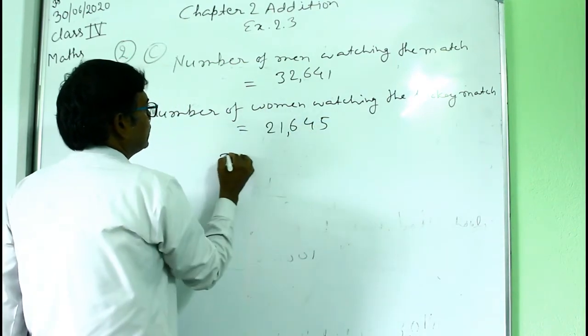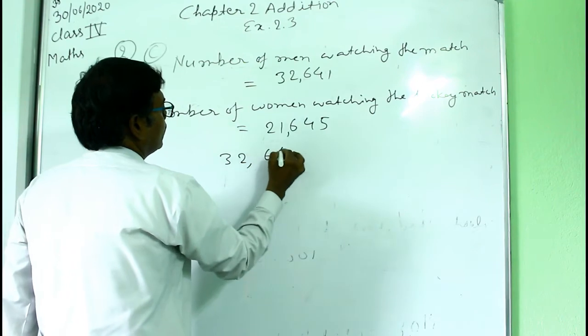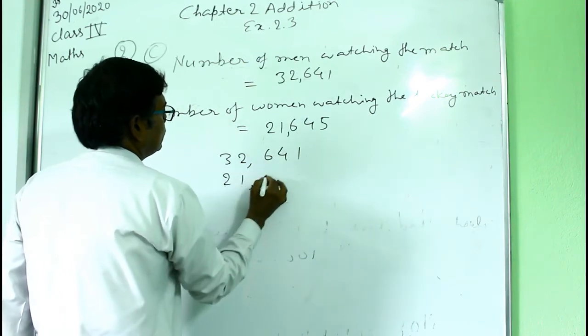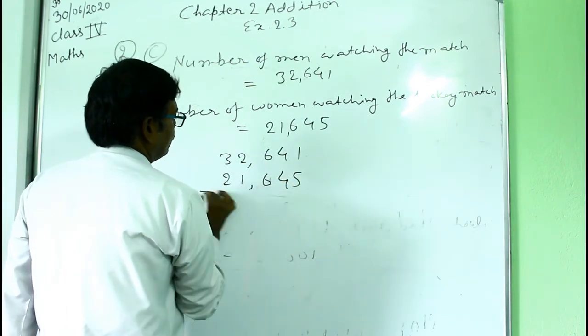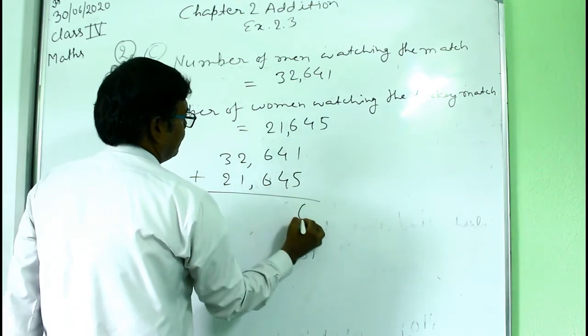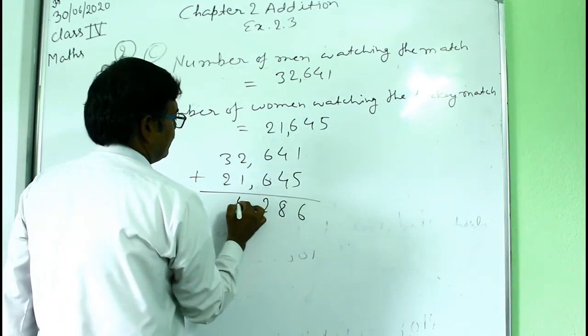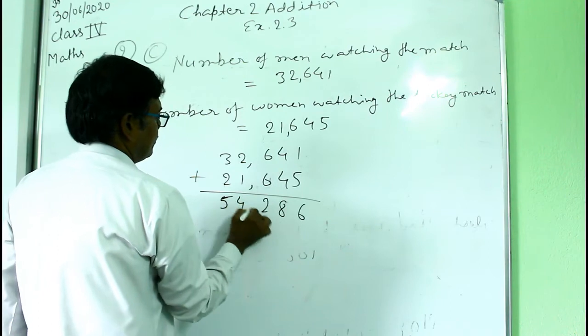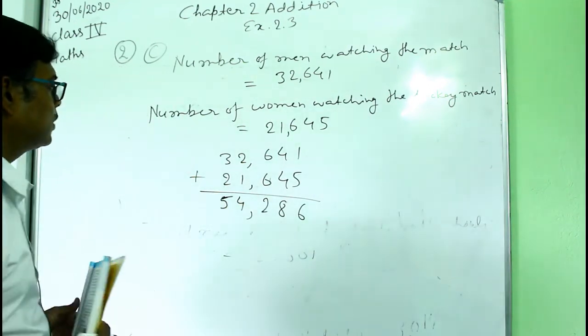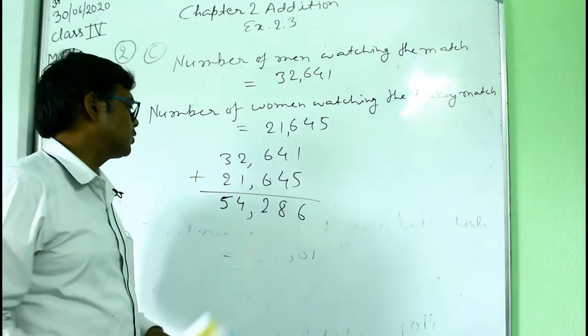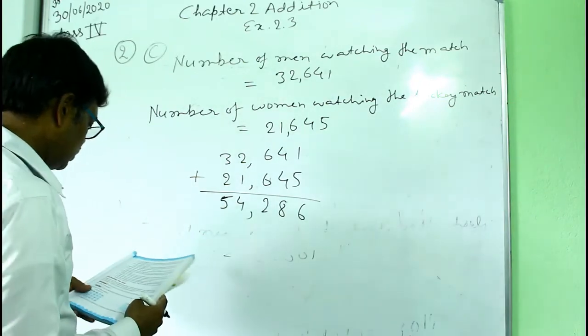Now add the numbers 32,641 and 21,645. So this is the sum, 54,288.